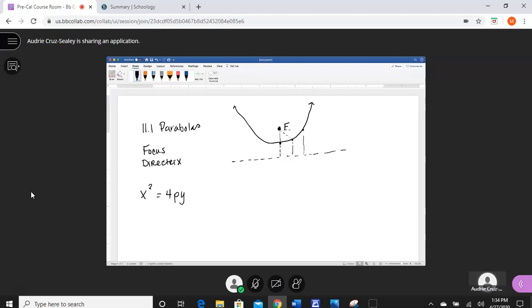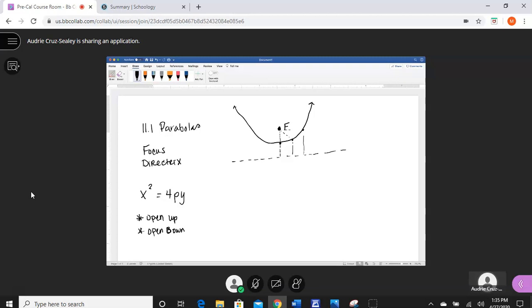4py. This right here is a parabola, and this is the note I want you to add: it's either going to open up or open down. How you know that is because x is squared.